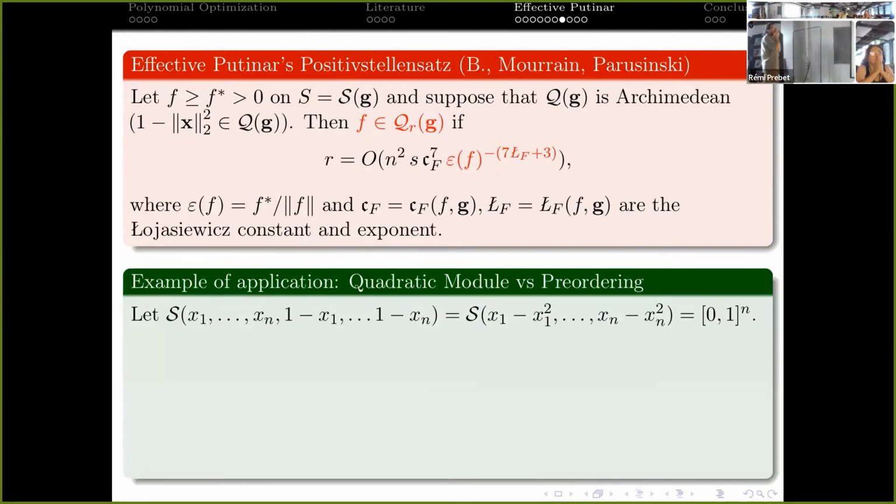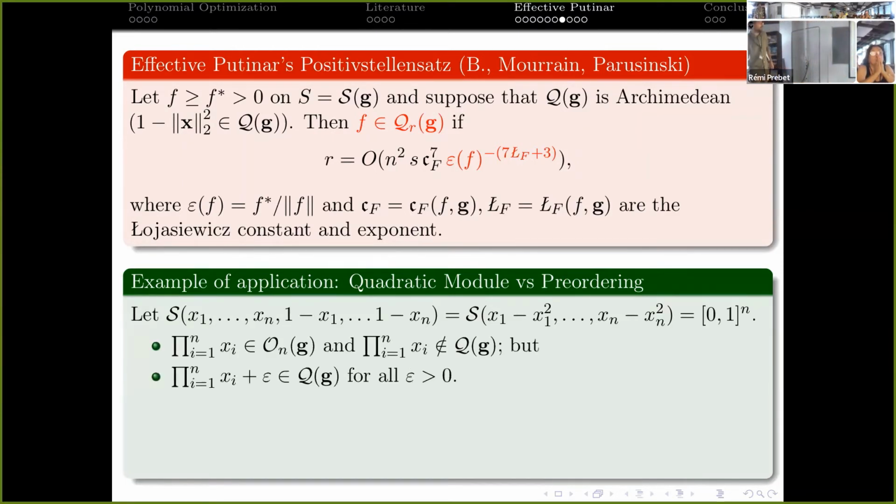For instance, if you want to compare quadratic module and preorderings, consider the simple case of [0,1]^n, defined in one natural way. There are several ways, of course. Then we know that the product of the xi belongs to the preordering, but the product of the xi does not belong to the quadratic module.